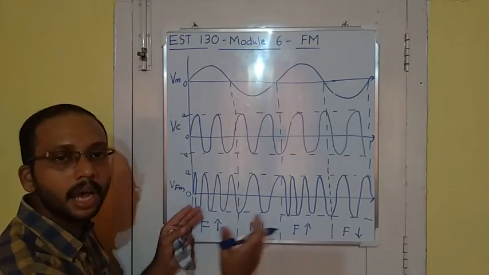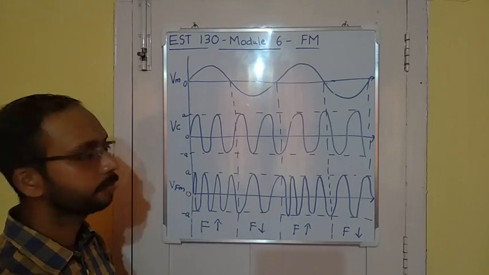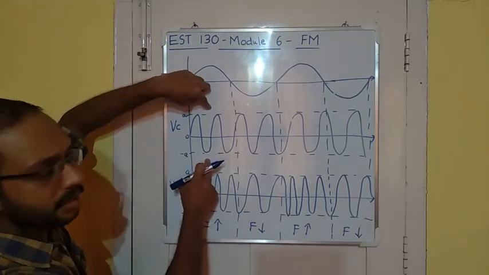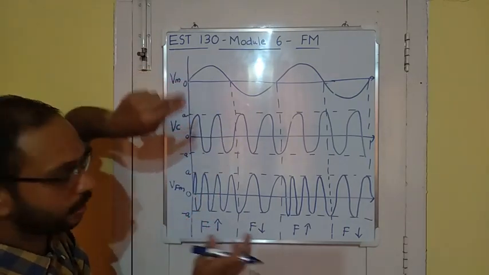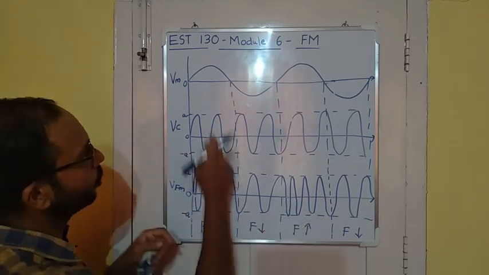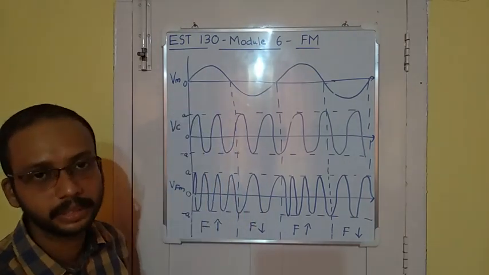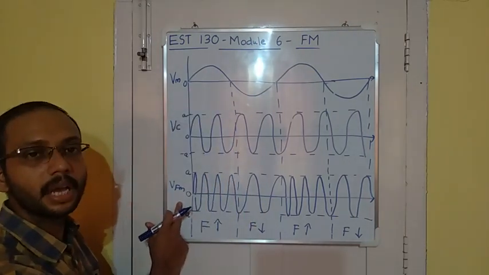So this is the frequency variation. Okay. So the amplitude of the carrier signal remains constant, only the frequency is varying with respect to the instantaneous amplitude of the modulating signal. So this signal represents the FM signal.